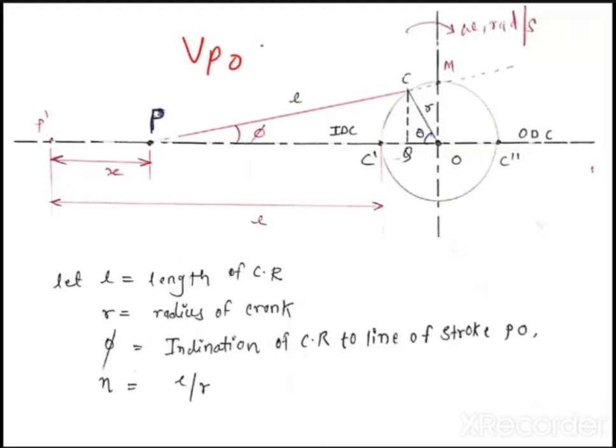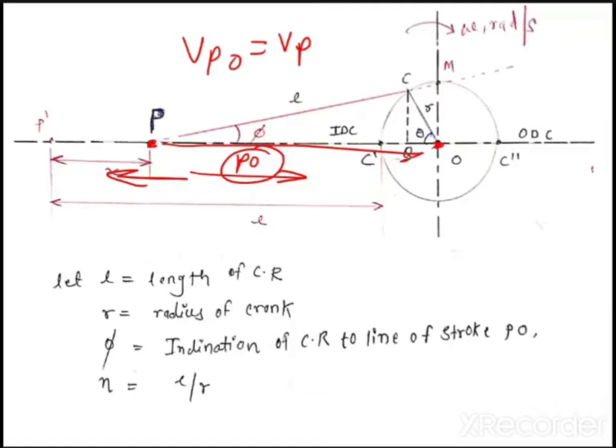This is the velocity of point P with respect to point O. So this Vpo is called Vp. It is the linear velocity of a piston, because the piston is moving like this. It is moving along the stroke line PO. Linear velocity of a piston means the piston is moving along this line PO, right? In both the directions, right?